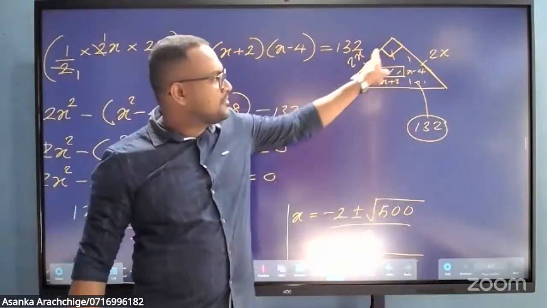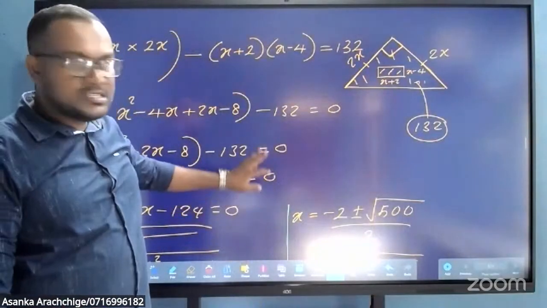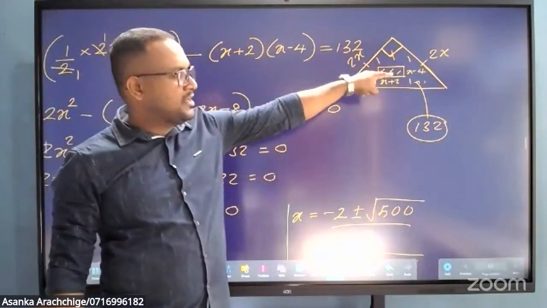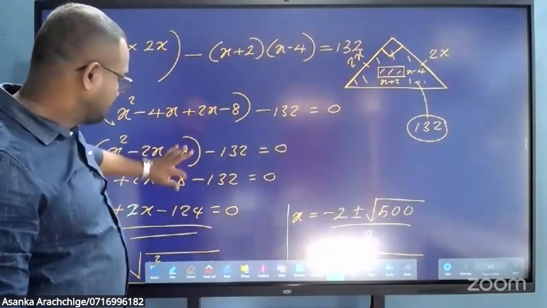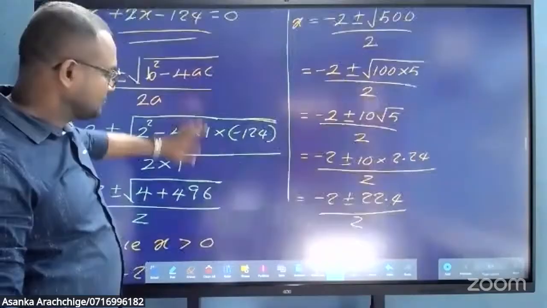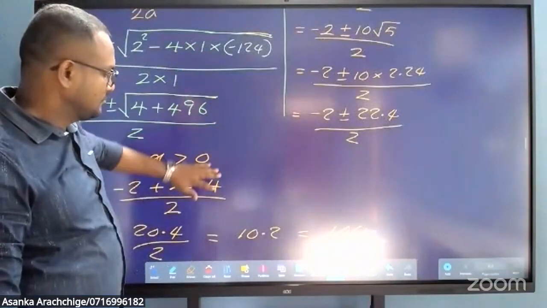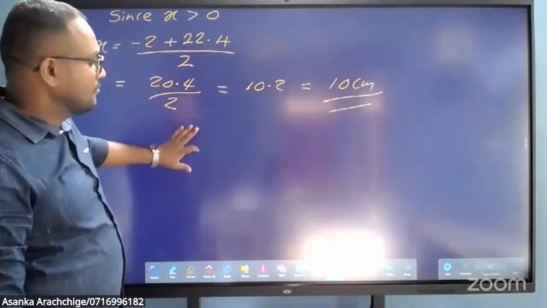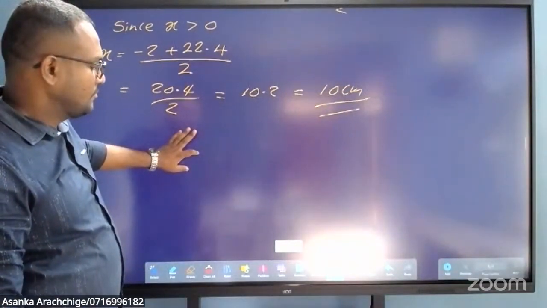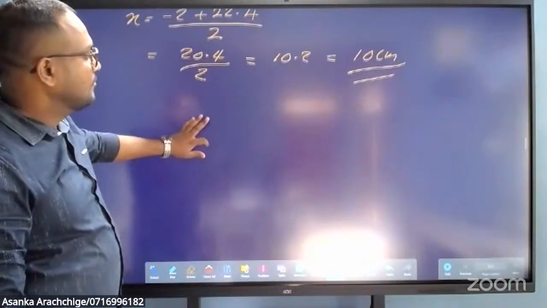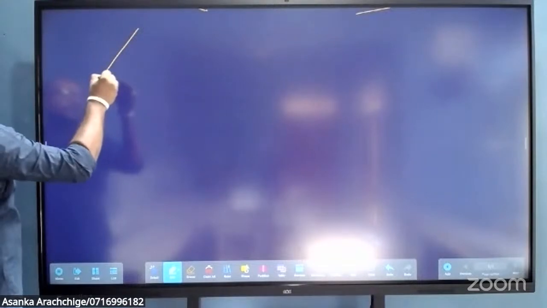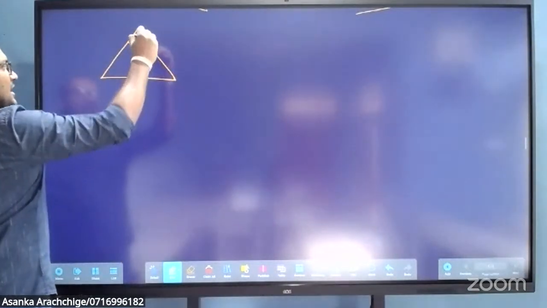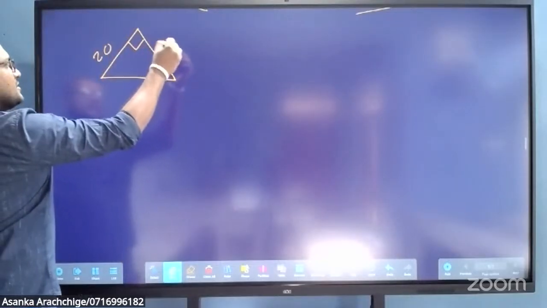We know the length of these two sides, 2x. x is 10, no? Then this is 20. This is a right angle. This is 20. This is 20.